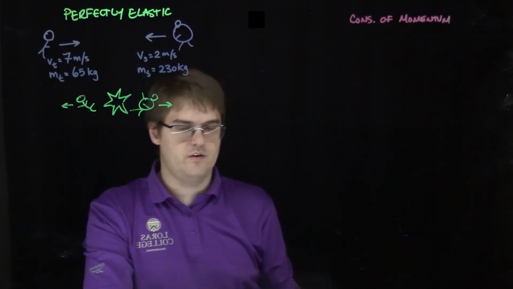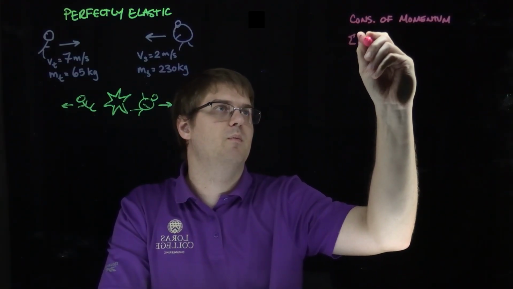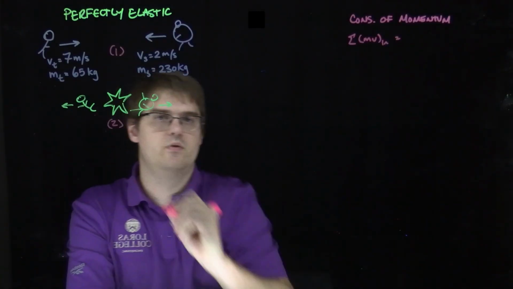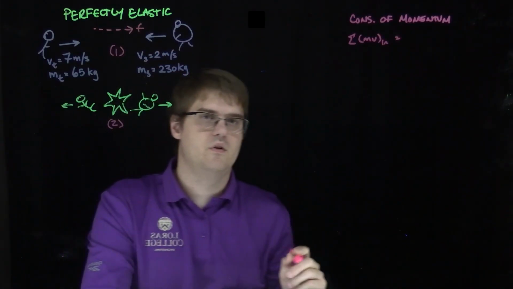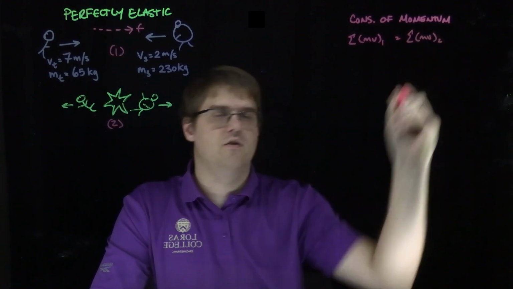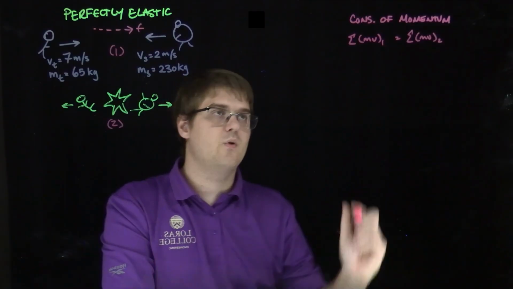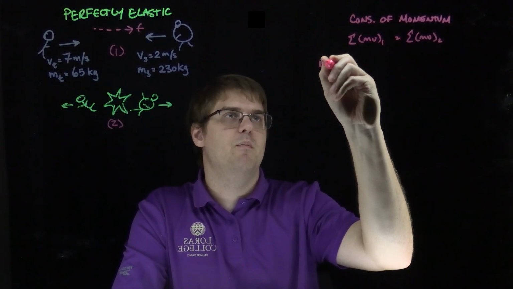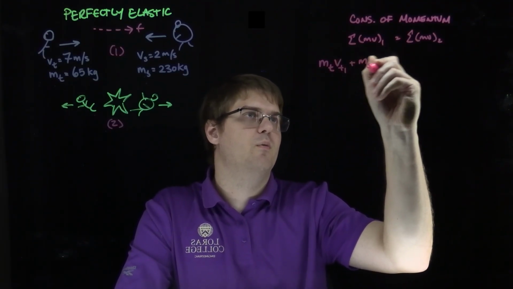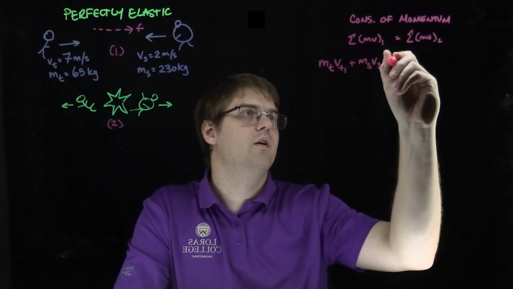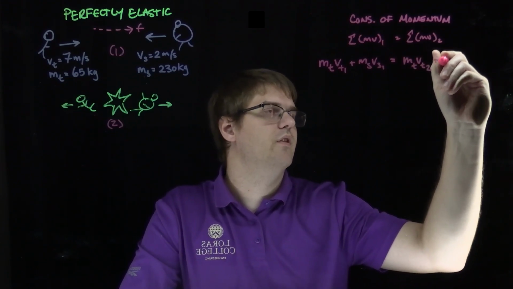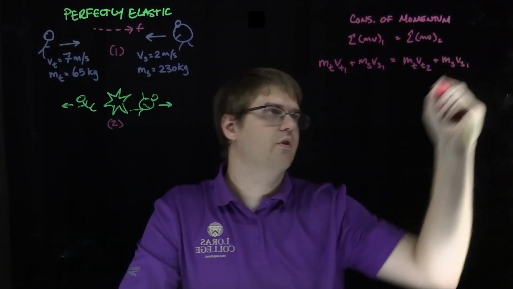The sum of momentum, which I'm going to write as mv, at time 1 is equal to the sum of momentum at time 2. Breaking this out into components: the mass of our track runner times the velocity of our track runner at time 1, plus the mass of our sumo wrestler times the velocity of our sumo wrestler at time 1, is equal to the mass of the track runner times the velocity of the track runner at time 2, plus the mass of the sumo wrestler times the velocity of the sumo wrestler at time 2.